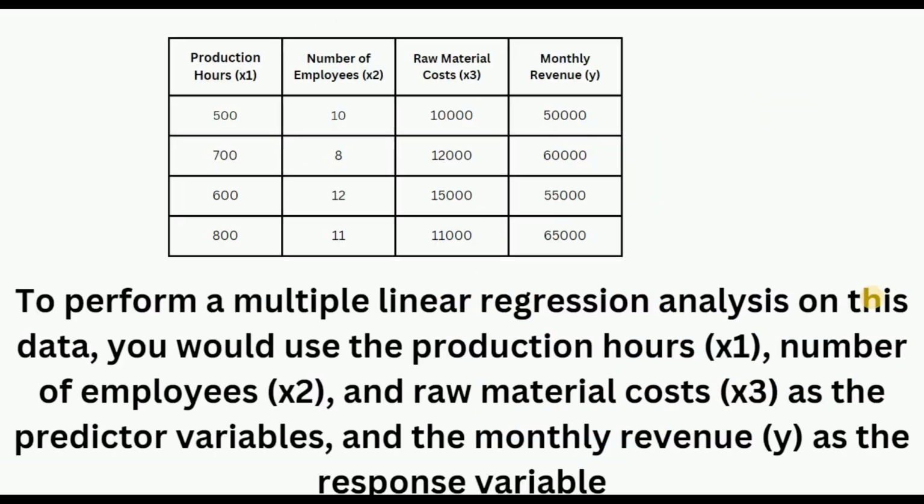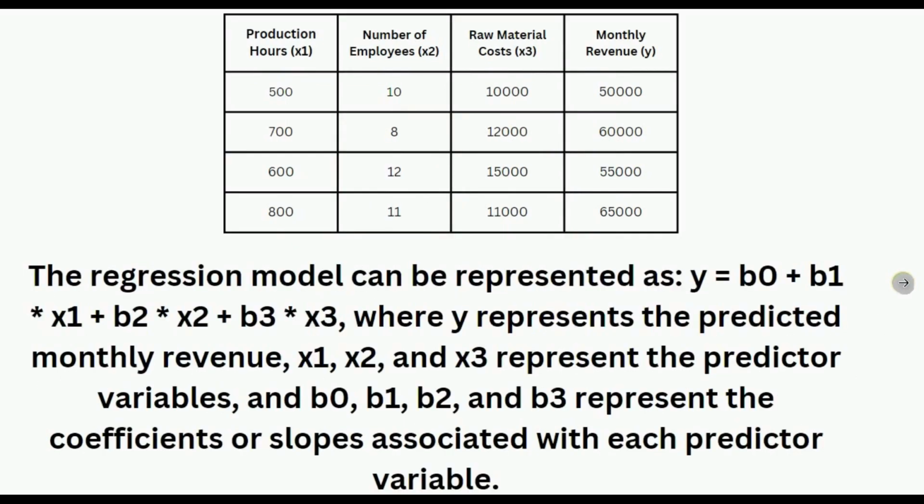To perform multiple linear regression analysis on this data, you use production hours and the other independent variables, which are denoted by X. Here we have denoted them with x1, x2, x3, and our dependent variable with y. This way we will create it. Next we will create the formula: y, what we want to find out, equals beta null plus beta 1 multiplied by x1, plus beta 2 x2, plus beta 3 x3.